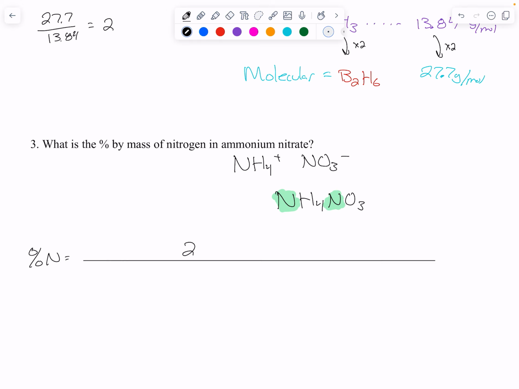I have 2 nitrogens, plus I have 4 hydrogens, and we have 3 oxygens. So my nitrogens will be 14.01.